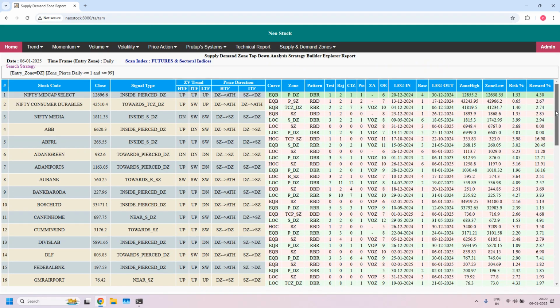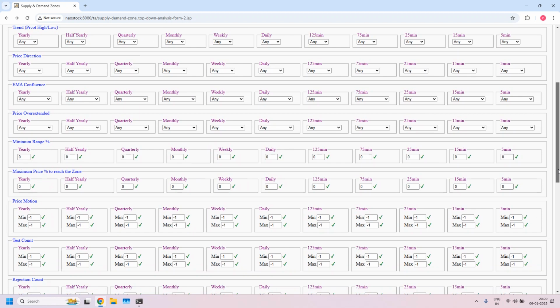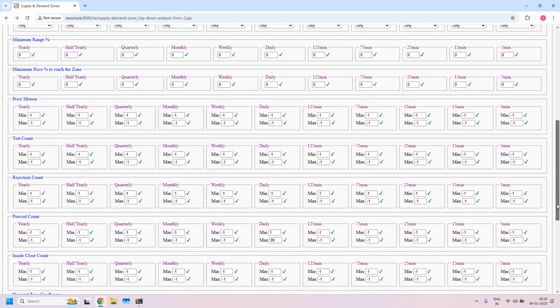Now it's come down to 53. What is this? Strange. Earlier I added 100, it displayed all the values. Let me check again. Sorry for wasting your time, but some error is there.